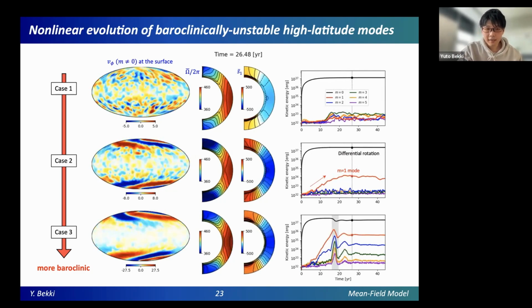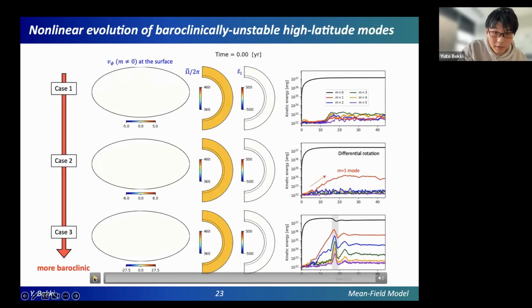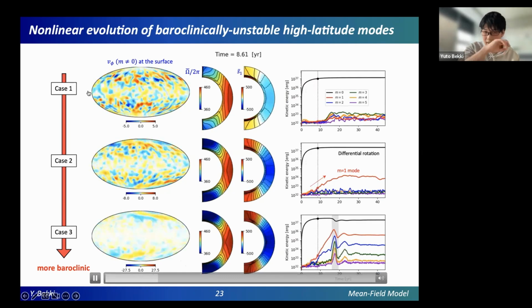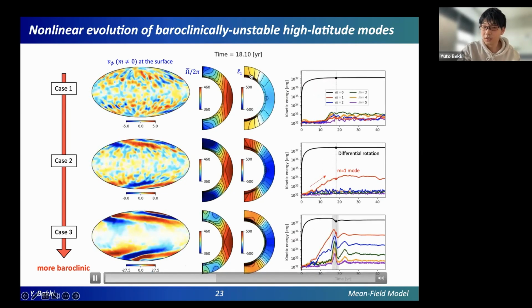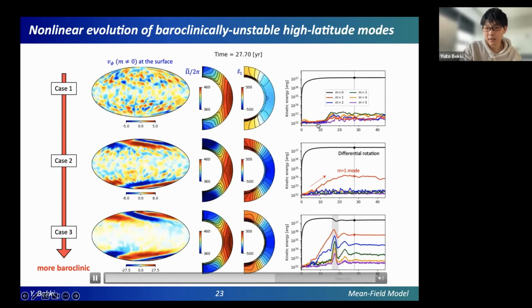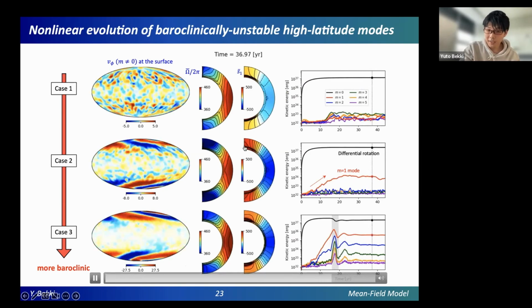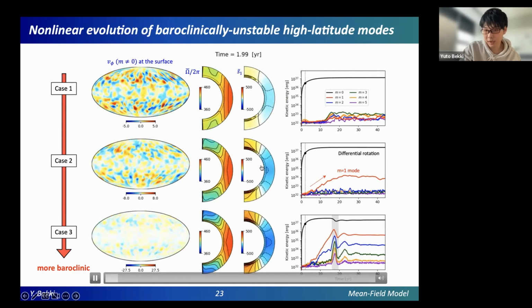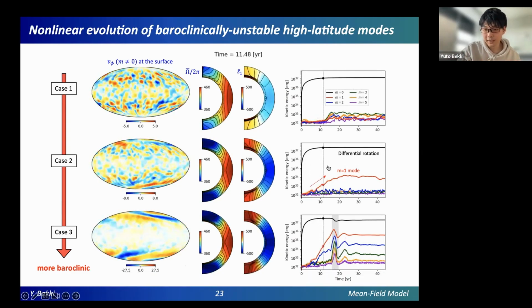So we can see that case 1 is not very interesting because the baroclinicity is too weak to excite the modes. So all the modes are very weak in amplitude. And in case 2, we have moderate latitudinal entropy variation, and this makes some modes self-excited.